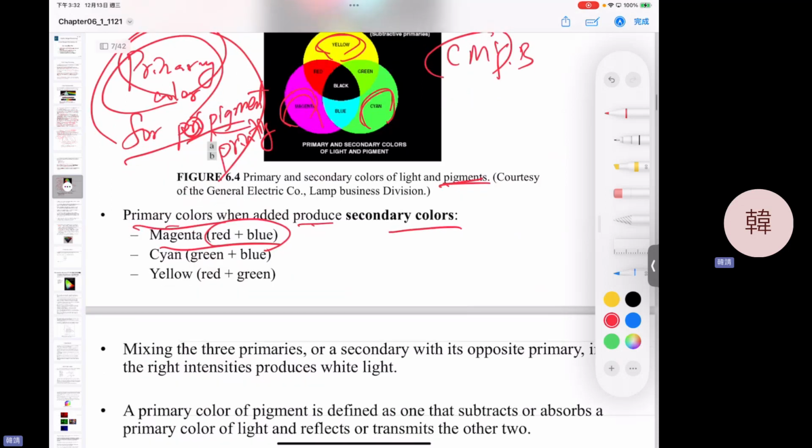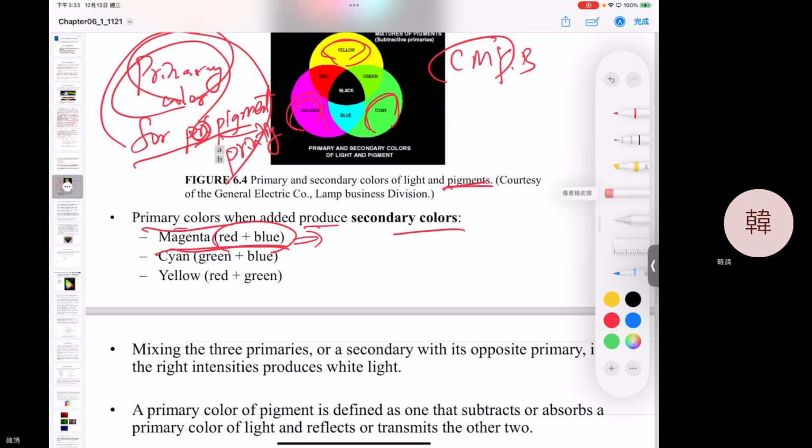So magenta becomes a secondary color of the lighting system. And if we add red, blue, and green together, we have white light. And if you take away red and blue, it becomes green. So you can see it's a corresponding system.